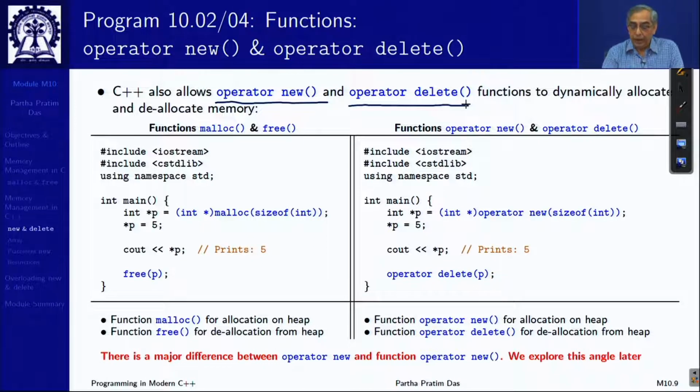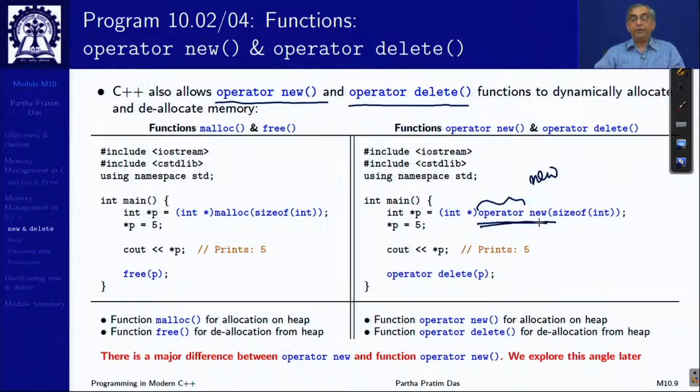And mind you, this is not the operator function of new. Operator function of new will also be there, but this is a separate function. Operator new is its name, and since its name is operator new, you need to write operator here. If you simply write new, it means the new operator, not this function.